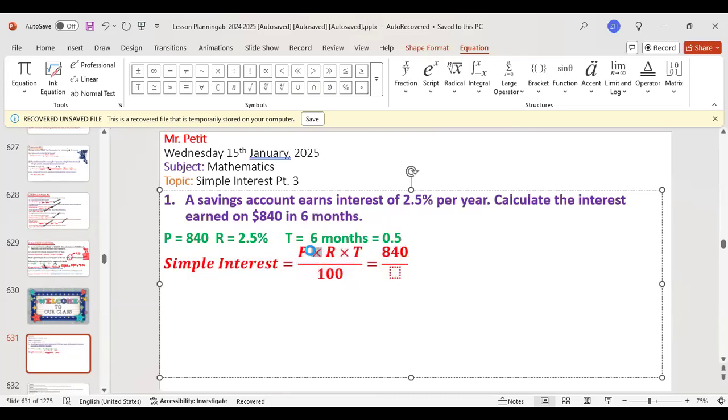The rate is what? The rate is 2.5. And the time is 0.5 of a year. We're going to put that all over 100.